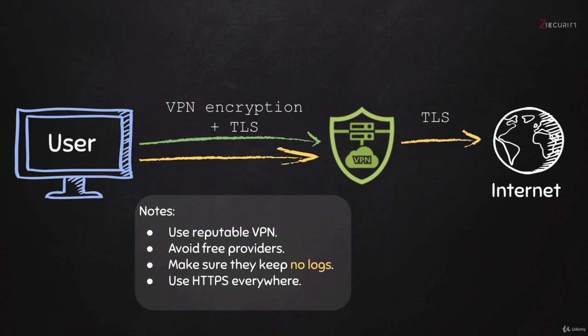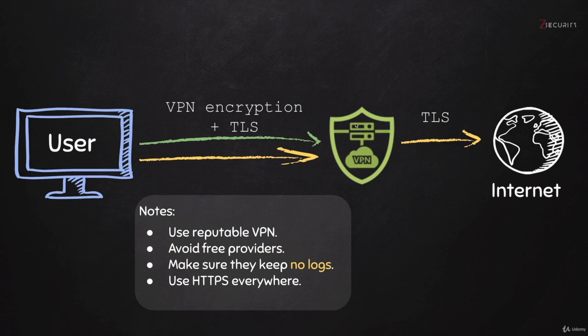And with all of that, you can use HTTPS Everywhere plugin with the VPN. If you do that, you will actually fix the problem of the data leaving the VPN server, because your data will be encrypted between your computer and the VPN server with 2 layers of encryption. First, using the VPN encryption, and second, using TLS because of HTTPS Everywhere. Then, data leaving the VPN server will be encrypted with 1 layer of encryption, which is the encryption enforced by HTTPS Everywhere.